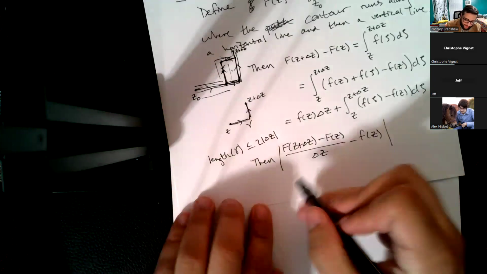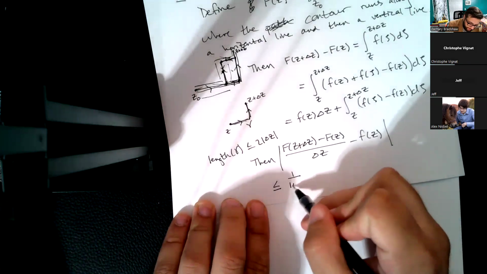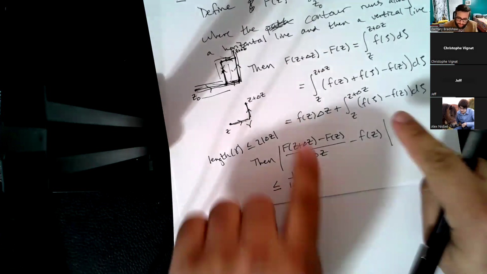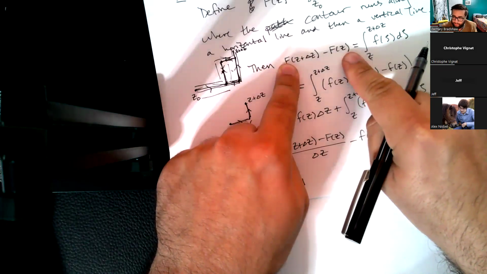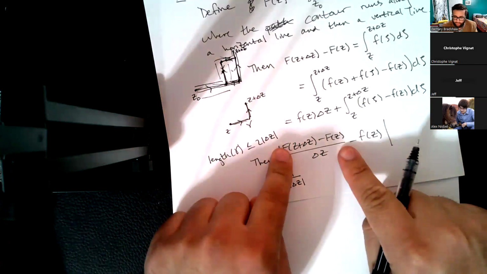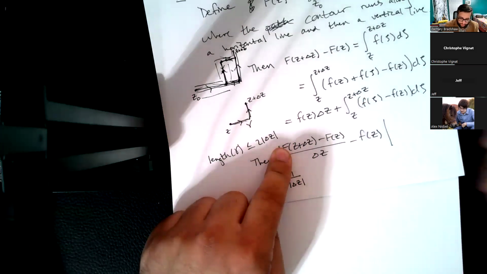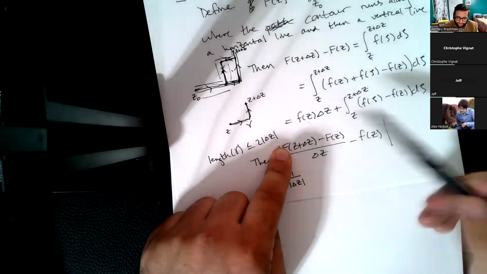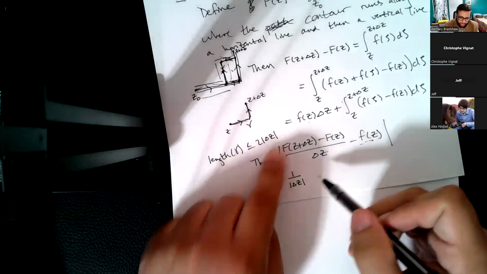Well, then this is less than or equal to 1 over the modulus of delta z. So I'm using this for f of z plus delta z minus f of z. Right? So I'm dividing by delta z, and I get this f of z, which cancels, and I have a 1 over delta z here.